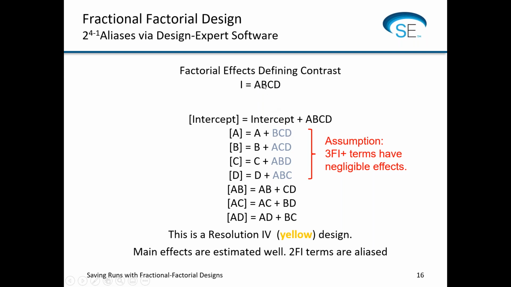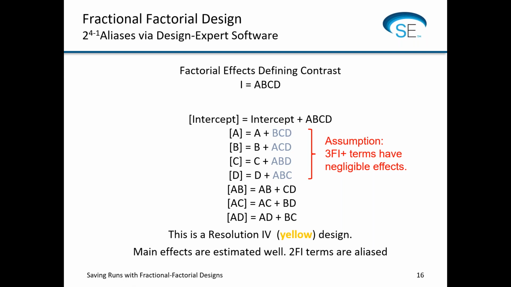And then if we pull out B, what's remaining is ACD, etc. So when you pull out any main effect, you're always left with a three-factor interaction. Now, this is kind of cool because we make an assumption when we're using fractional factorial designs that three-factor interaction terms and higher have negligible effects.